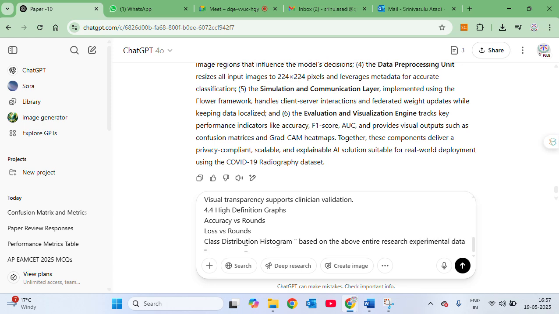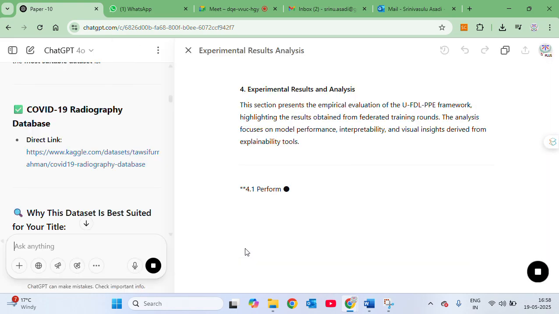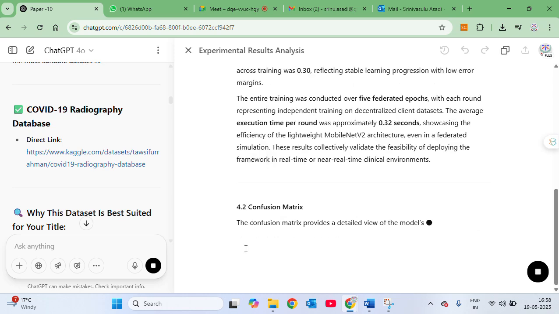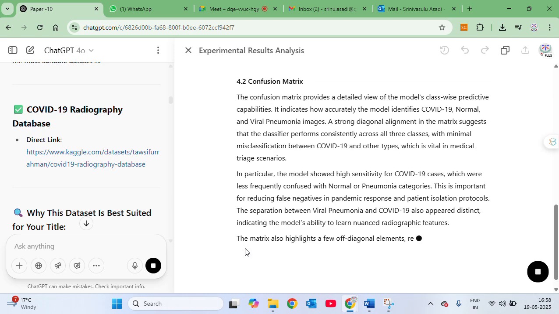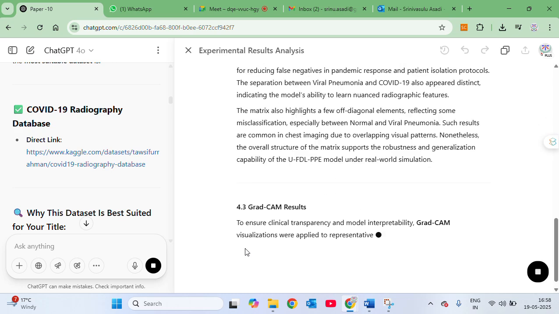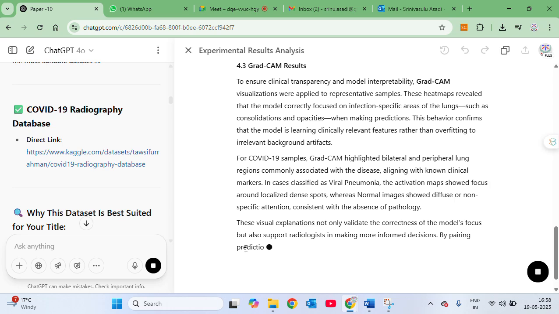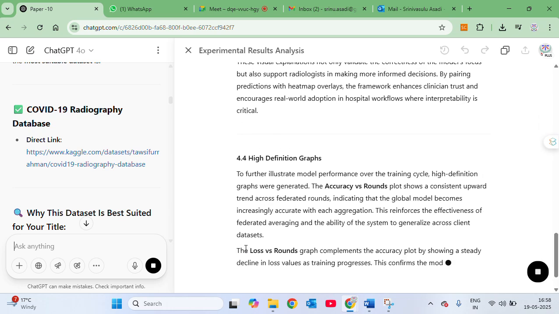Okay, so now see, now it will prepare for each side heading. Now it is preparing. We will generate confusion matrix and Grad-CAM results, and many things we will create.